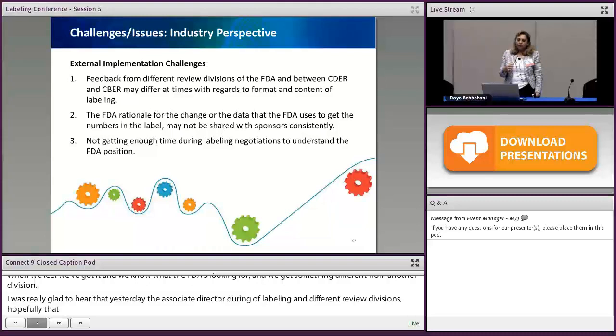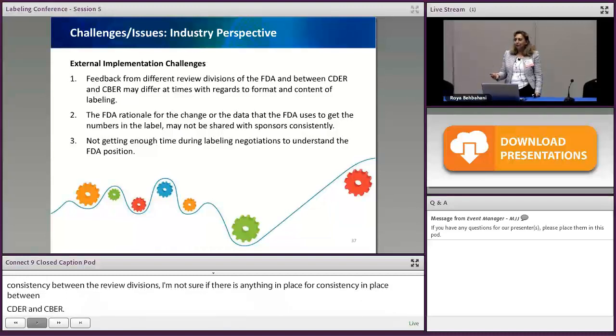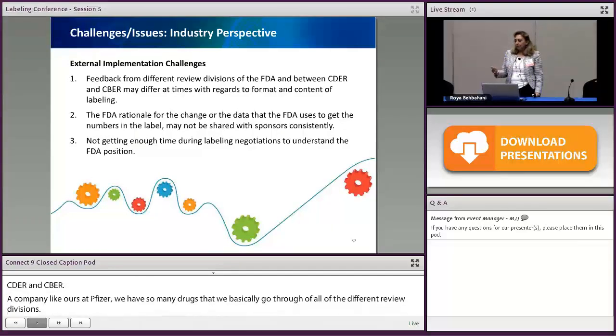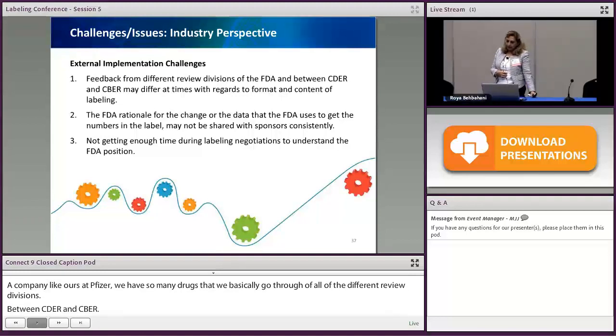But for a company like ours at Pfizer, we have so many drugs that we probably go through all the different review divisions and between CDER and SBIA. So having a consistent way of formatting content of labeling would greatly help us.